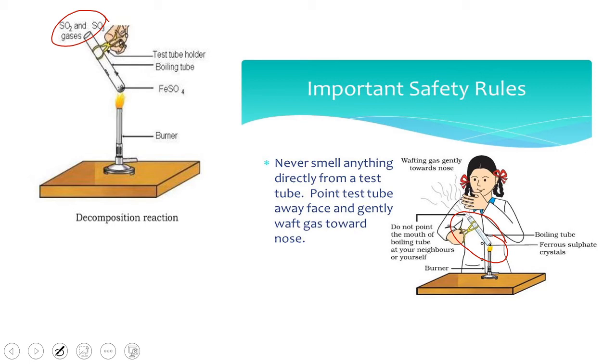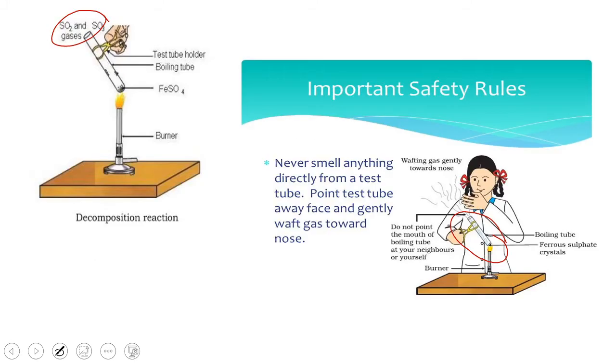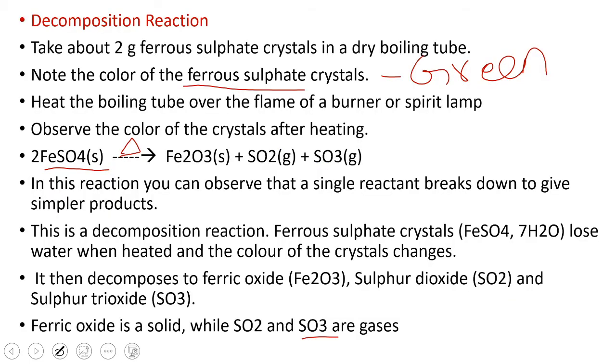So this reaction is an example of decomposition reaction. And you observe that the decomposition reaction takes place only after heating, because the ferrous sulfate crystals you are heating get converted into ferric oxide, sulfur dioxide, and sulfur trioxide.